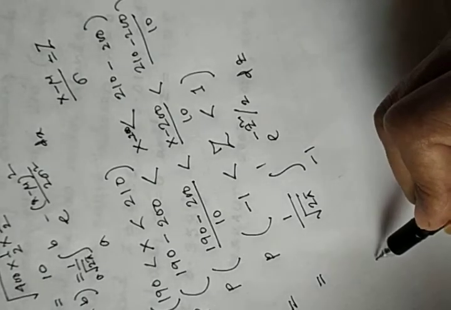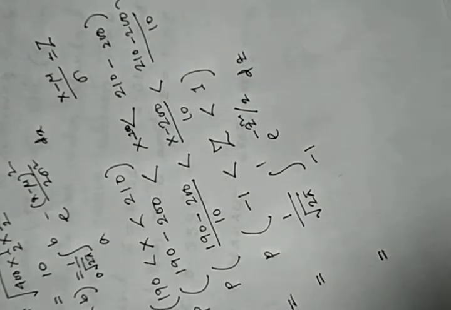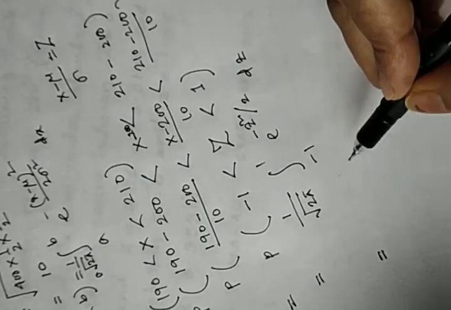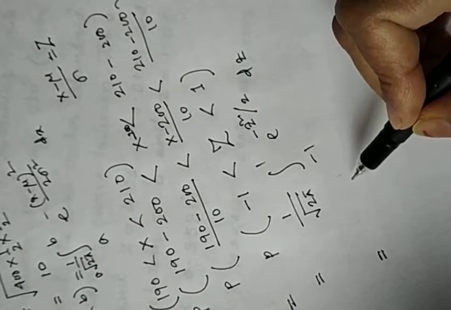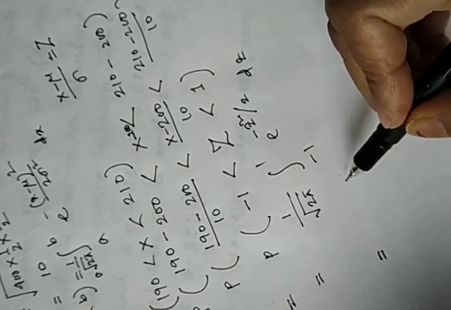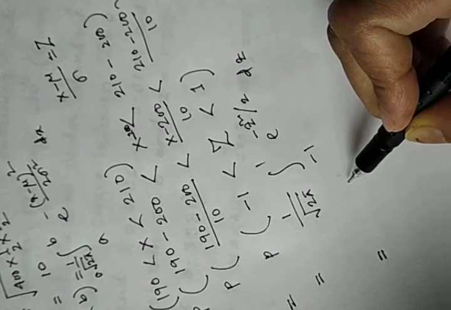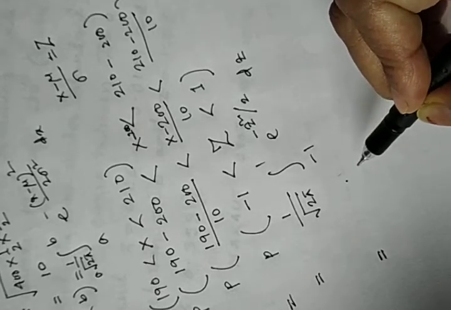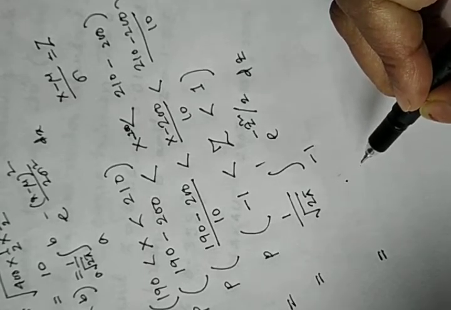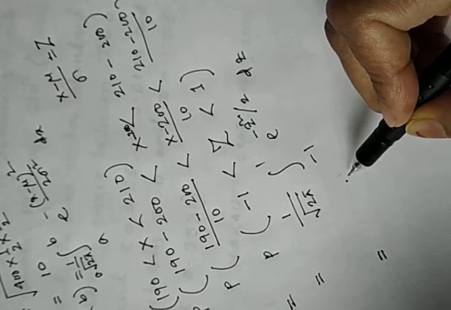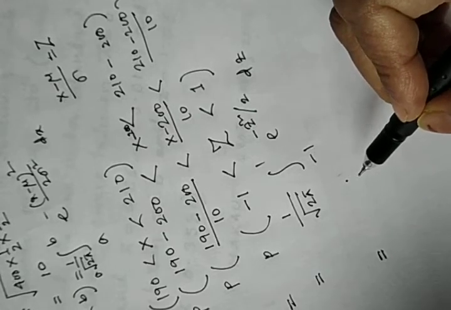So this can be written as phi of 1 minus phi of minus 1.